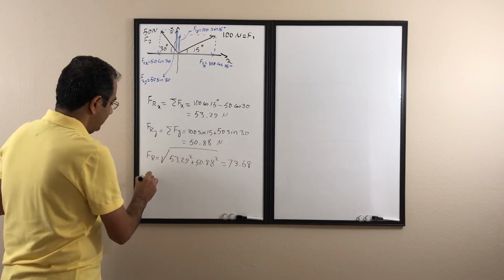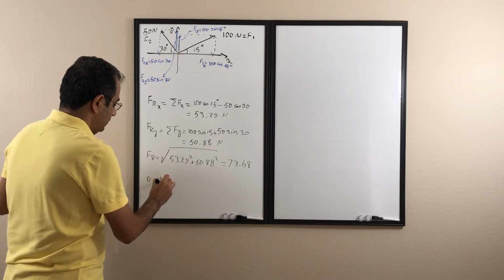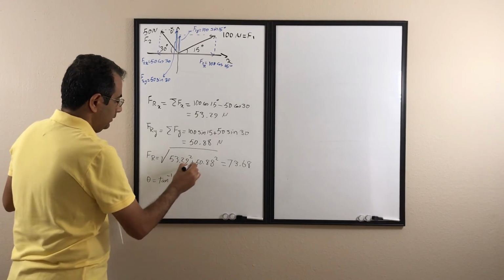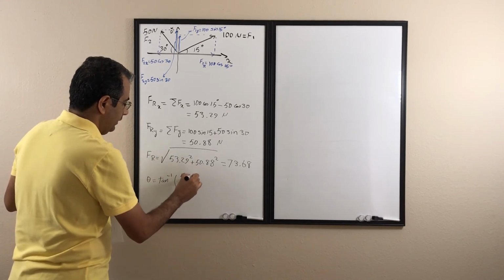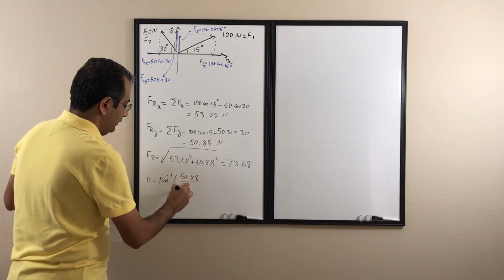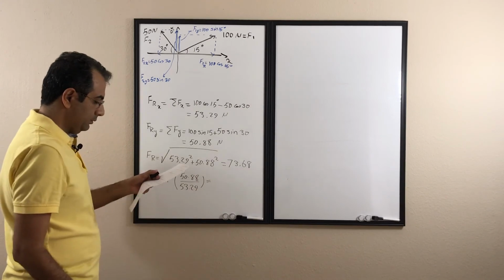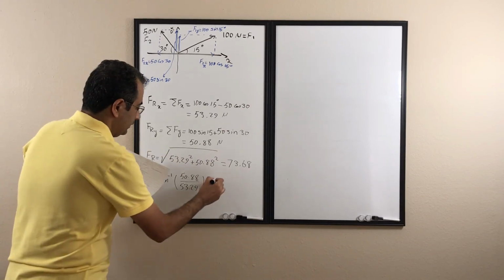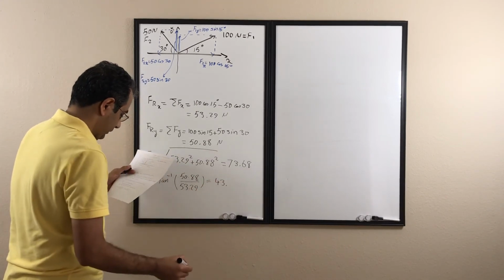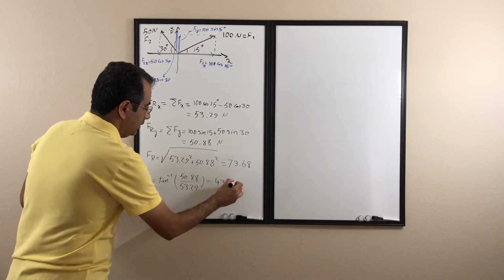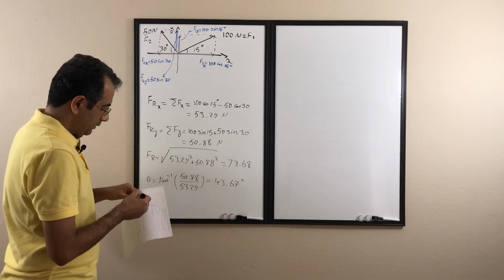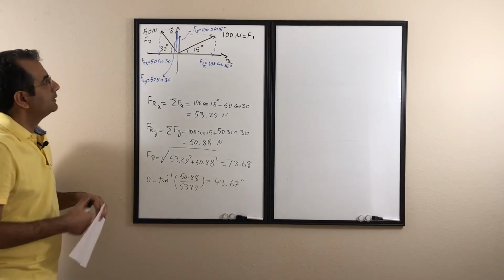The same for the angle theta, which is tangent inverse of 50.88 over 53.29, and the result would be 43.67 degrees. So this is how we do the calculation in the scalar format.